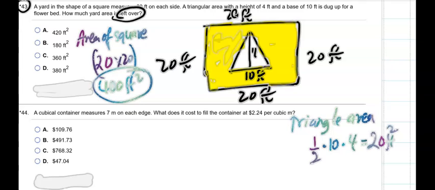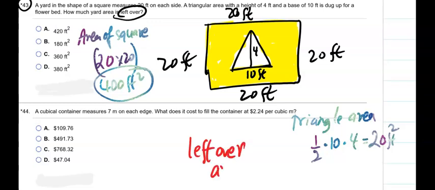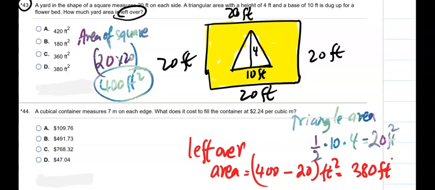You subtract the triangle area from the square area, and that's how much is left over. So the leftover area equals 400 minus 20 square feet, which gives you 380 square feet. The answer must be D.